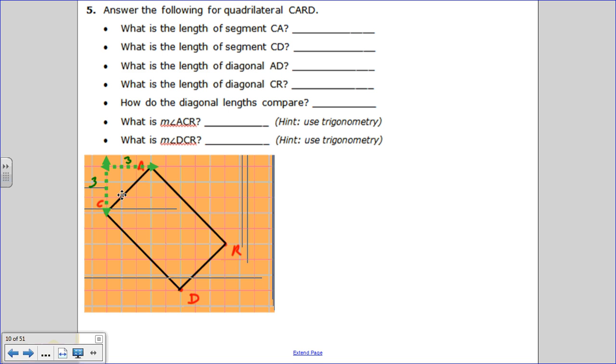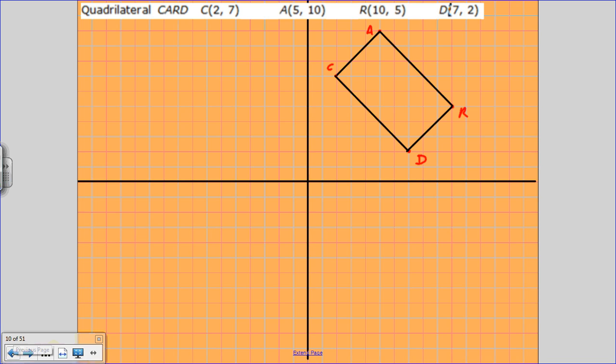So we're looking for the hypotenuse of this right triangle. So it would be the square root of 3 squared plus 3 squared. I'm just going to go back and double check that that's correct. 3 up, 3 over. Yep.